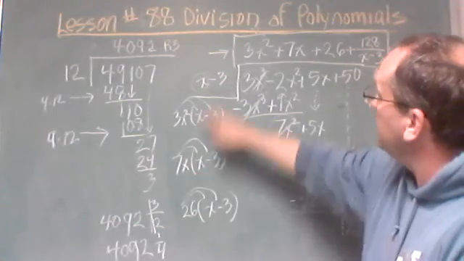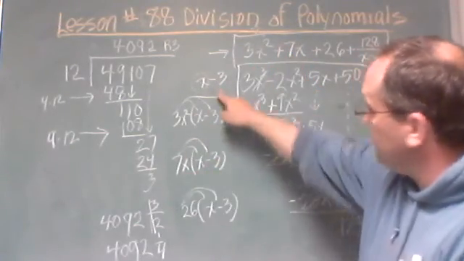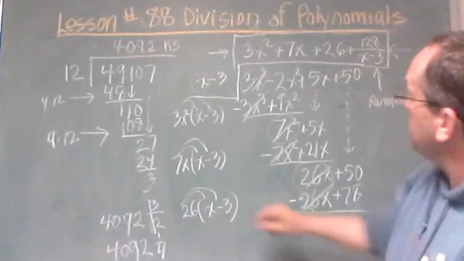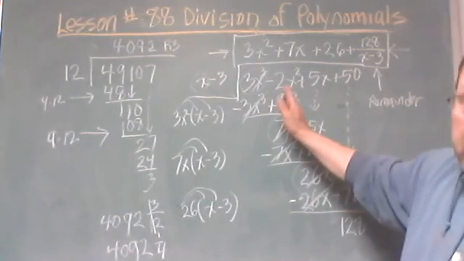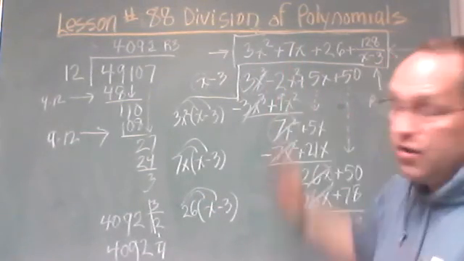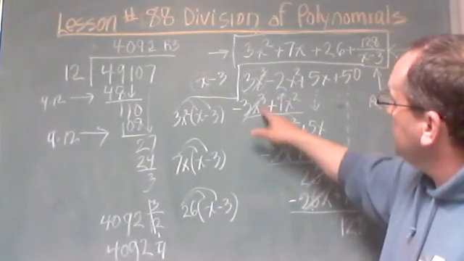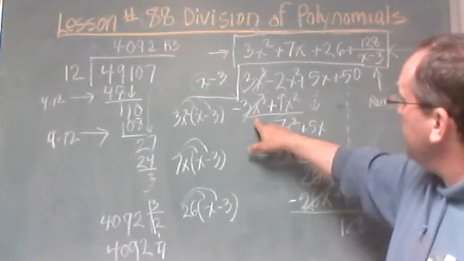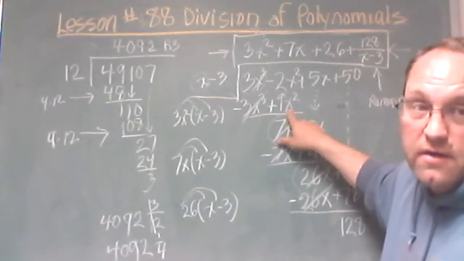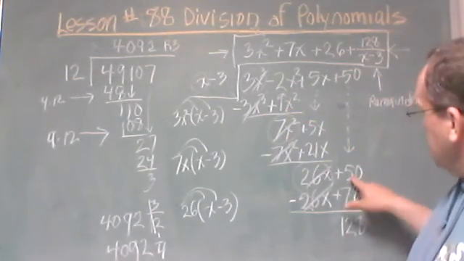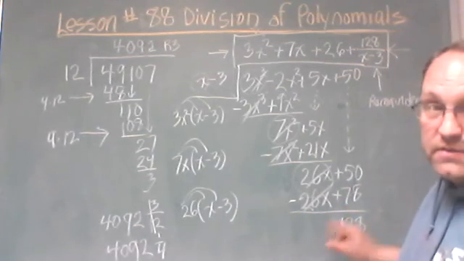Each term is multiplied by what we're dividing by. When we multiply those out, we line up the similar terms. The x to the thirds go underneath the x to the thirds, the x squareds go under the x squareds, the numbers go under the numbers.